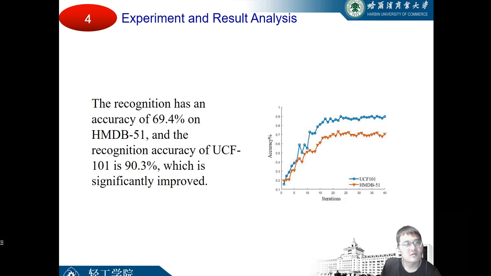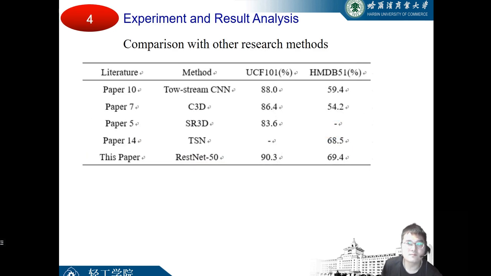The recognition has a central of 69.4% on HMDB 15.1, and the recognition accuracy of UCF 101 is 19.3%, which is significantly improved. Our results are significantly better than those of other research methods. This picture is a comparison with other research methods.